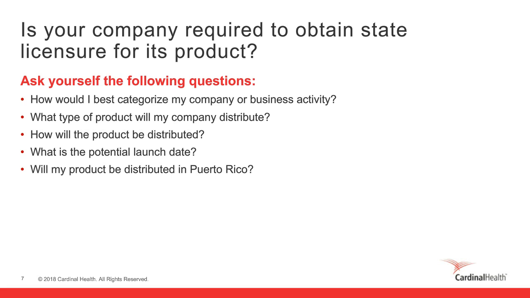What type of product will my company distribute? How will that product actually be distributed? What is the potential approval or launch date? And will my product be distributed in Puerto Rico? Your answer to these questions will ultimately determine if state licenses are required, how many state licenses are needed, and when you should begin the process to obtain your licensure.